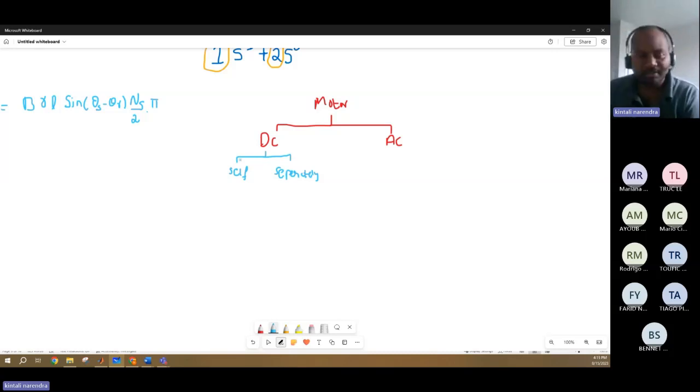That is the definition of a motor. Let's not go into the details of how the coils are built. But if you observe the definition, there are two things: a current carrying conductor, and the magnetic field.